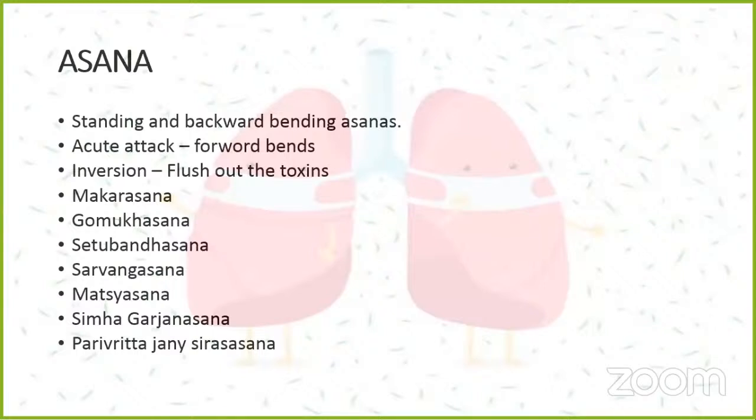In kriyas, we train the involuntary system by introducing an external object. Like in Jalaneti we introduce water, and in Sutraneti we introduce a catheter. Like that, here also we try to reduce the hypersensitivity of the lower respiratory tract.